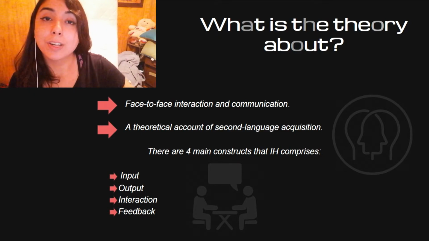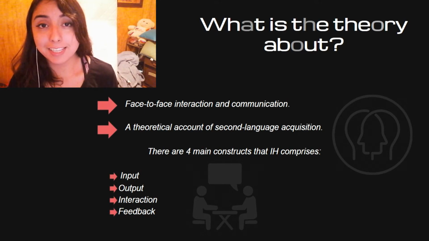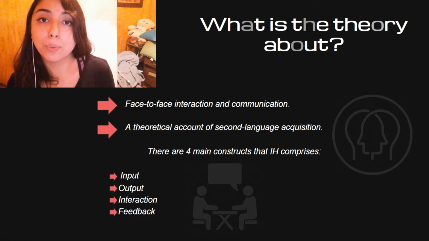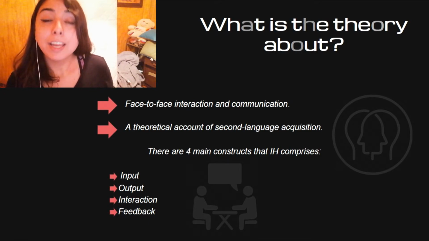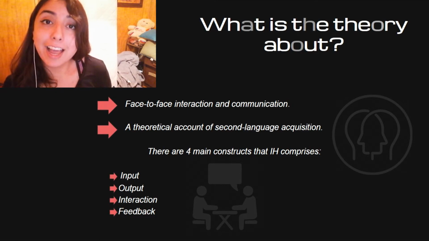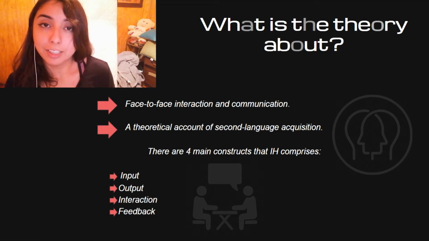Before we move forward to the explanation, let's take a look at the four main constructs that this hypothesis comprises. Input refers to any of the linguistic forms received by the learner. Output refers to the linguistic forms produced by the learner. Interaction is defined as a function that input and output fulfill.